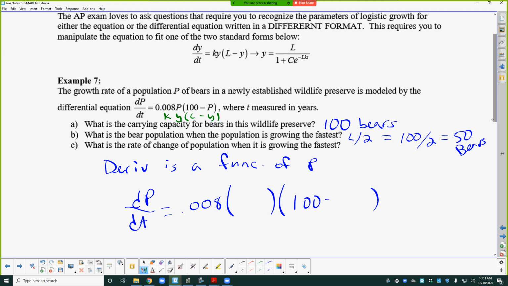What is the rate of change when it is growing the fastest? Well, I know that that's 50 bears, because question B is asking me for the inflection point. And what's the rate at the inflection point?